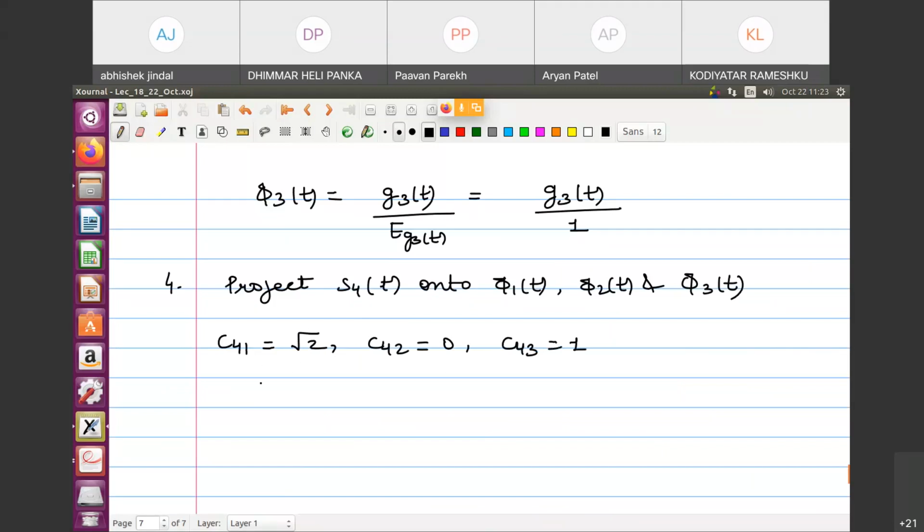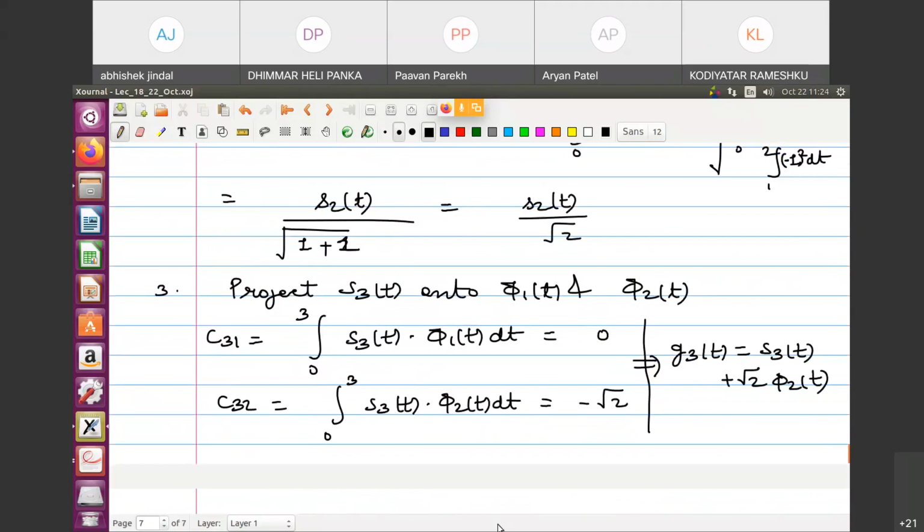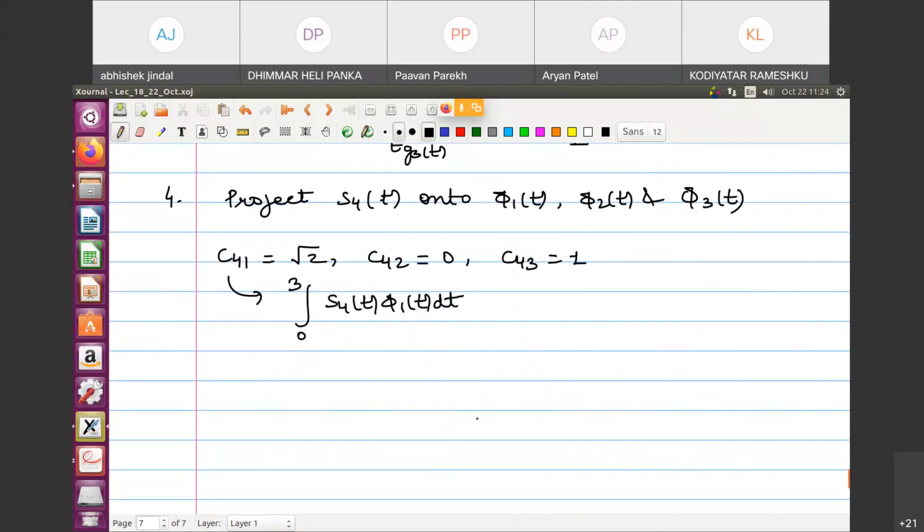So S4(t) is 0 to 3, integral of S4(t) into phi 1(t) dt. Generally, when you define like this, you will have a division by the norm of phi 1(t). Now this norm of phi 1(t), or the square of the norm, is 1 in all the cases. So I am not writing this down, because it would be 1. Similarly, you can do it for C42 and C43 as well.